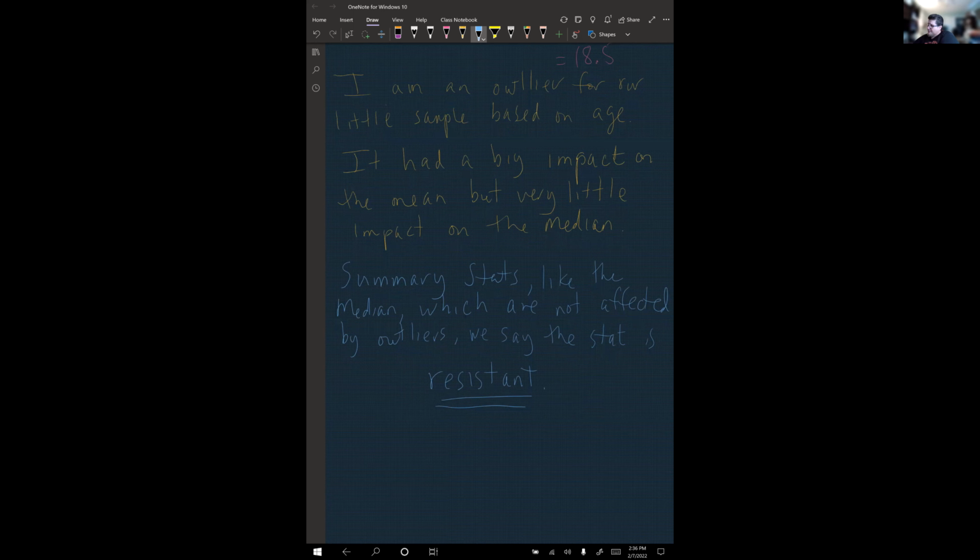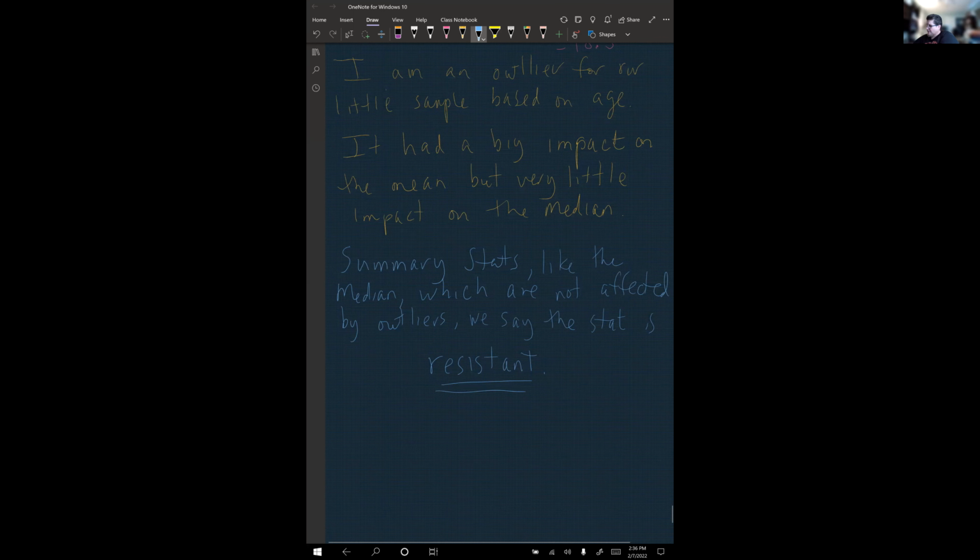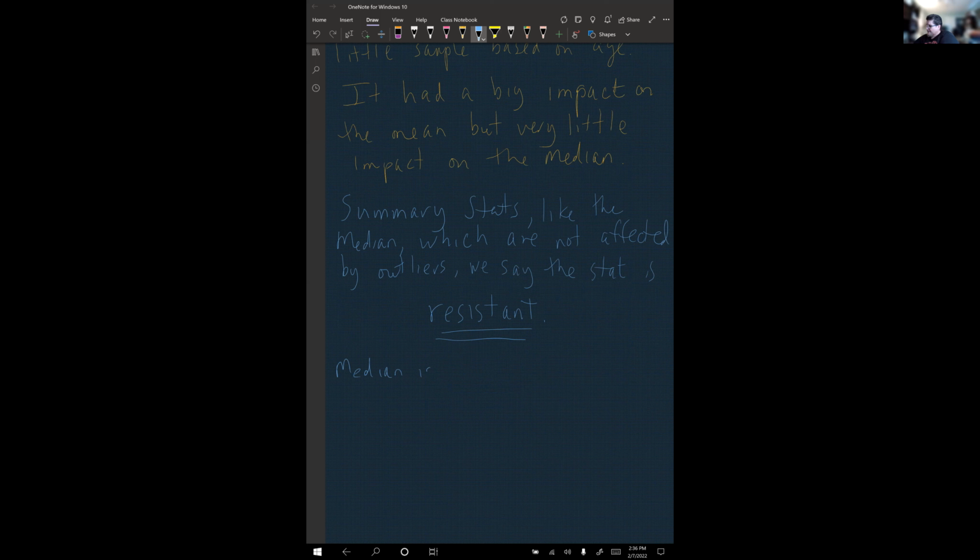So the median is resistant to change, or is resistant to outliers. The mean is not resistant.